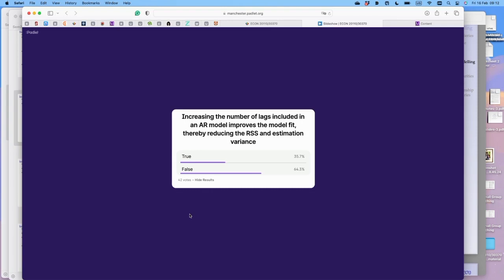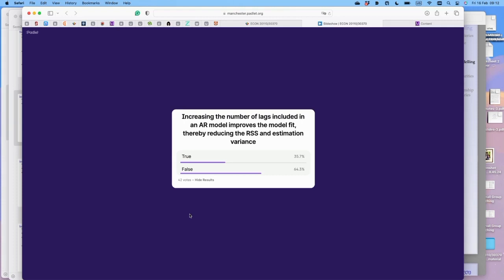Whereas the estimation variance is basically the standard error of your alpha hats or the beta hats in the standard case. That's the inherent random variation in the estimated coefficients. They are two different things.